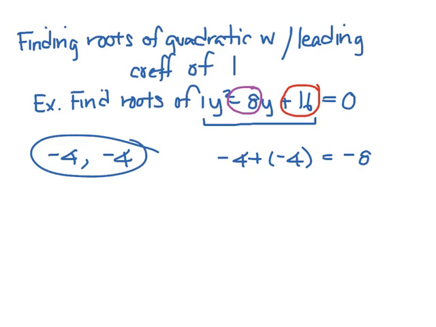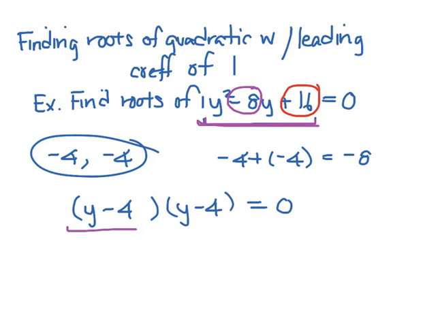So these are my two factors. In this case I can go straight to the double bubble, and I get y minus 4 times y minus 4, and all that equals 0. All I've done is factor this quadratic into these two factors.